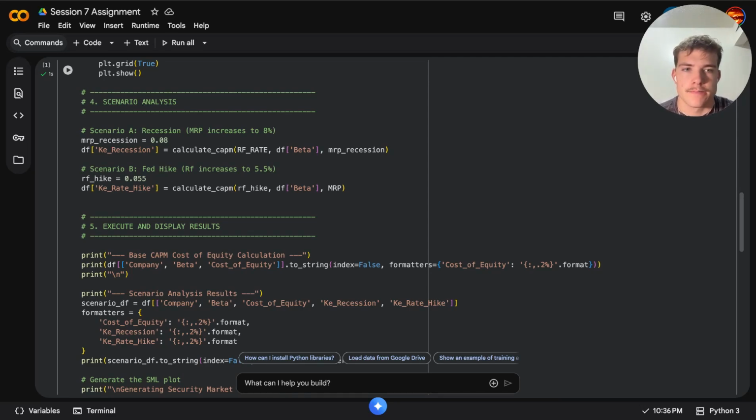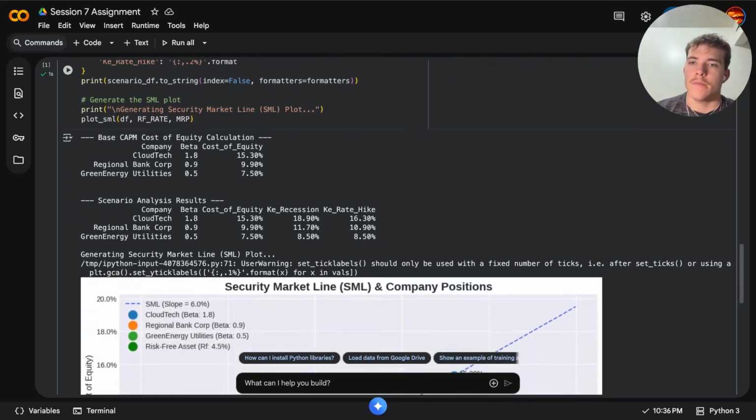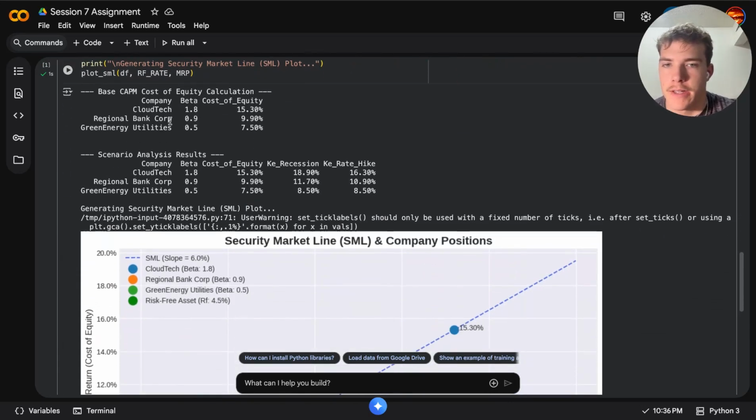So we will go to our output, and as we were showing in our output, for each company, the beta for CloudTech is at least double Regional Bancorp, and Green Energy Utilities is just 0.5, and CloudTech is over 3 times the Green Energy Utilities, and the cost of equity is similar to the beta.